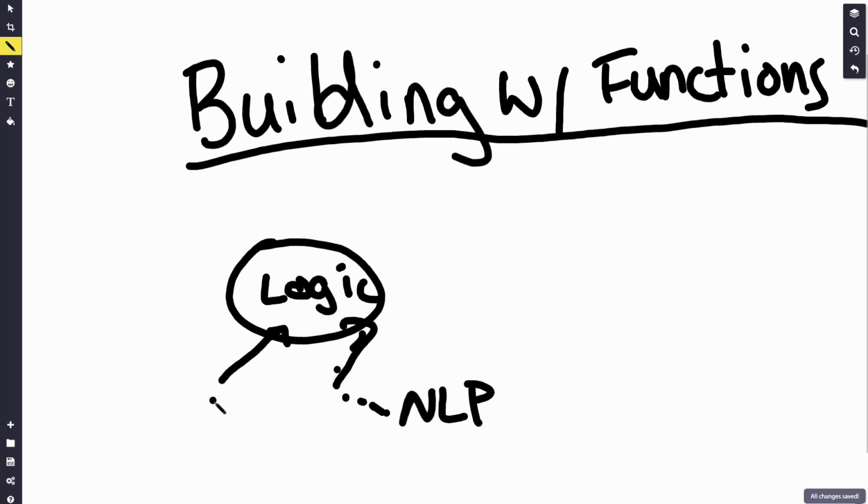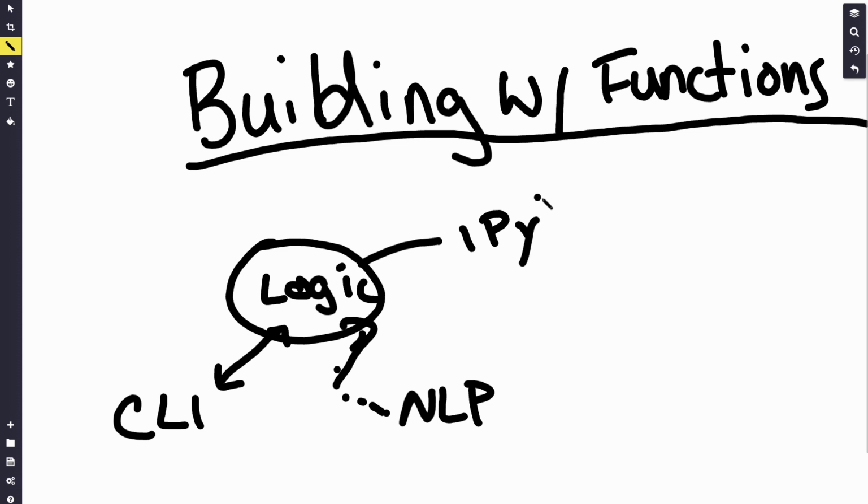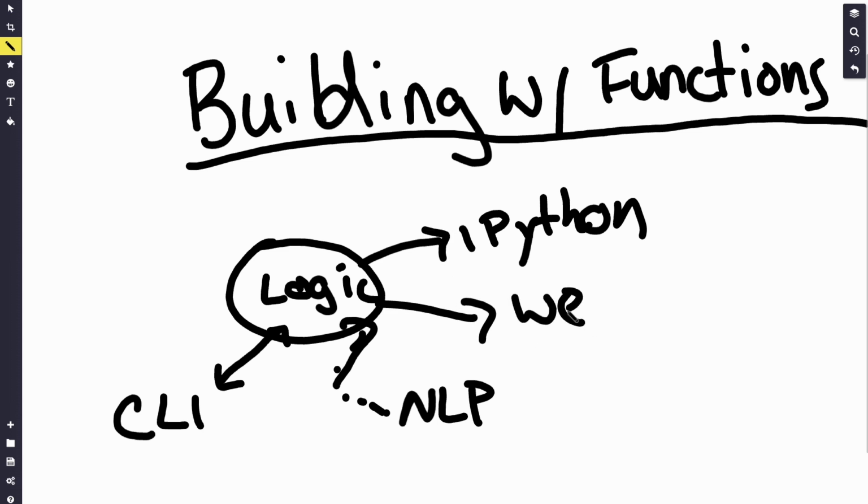And then once we've got that logic, we can map it to a command line tool. That's probably one of the easiest ways to do it. We can also map it to IPython. And then we can also map it to a web framework.